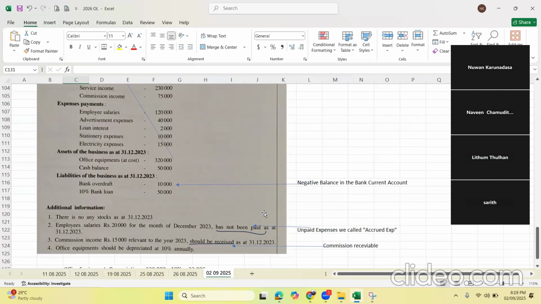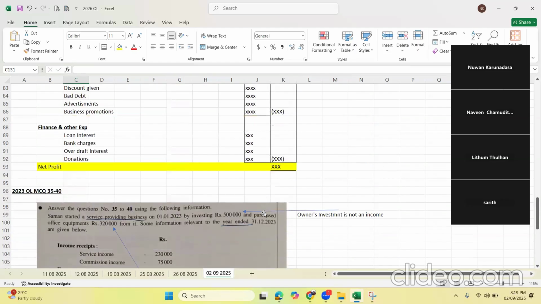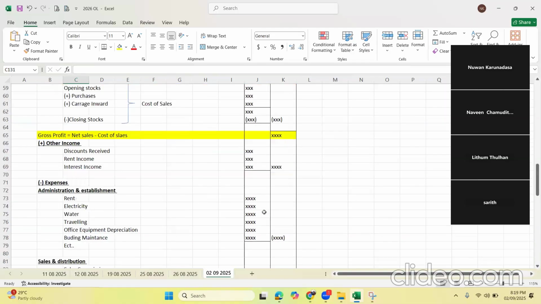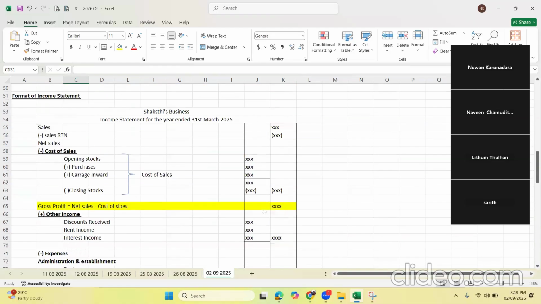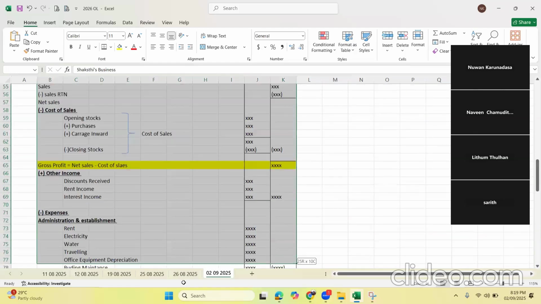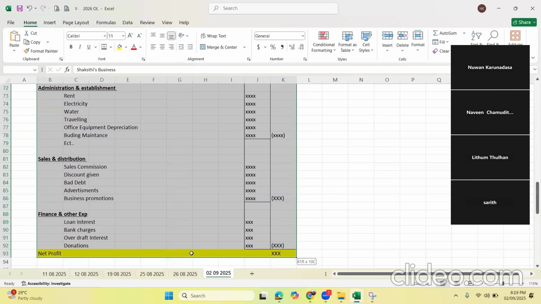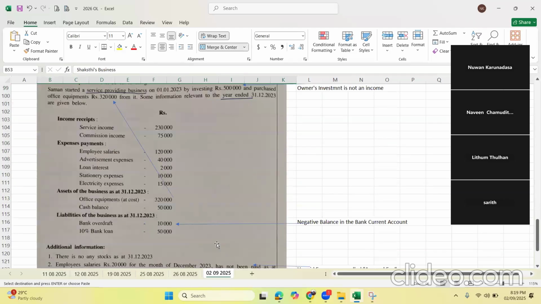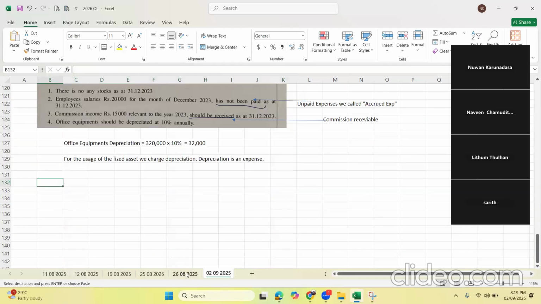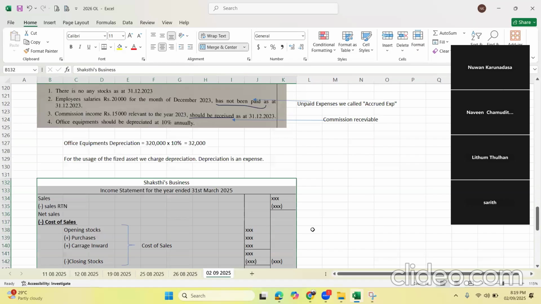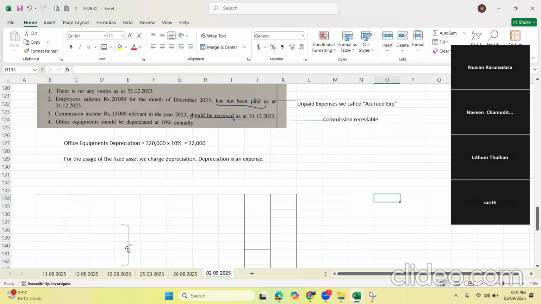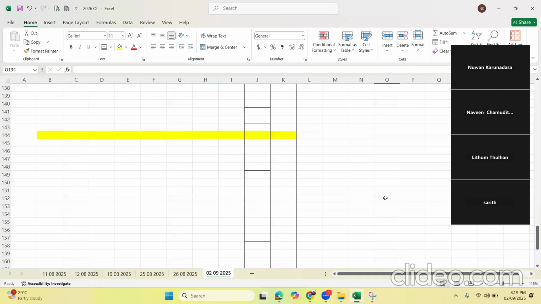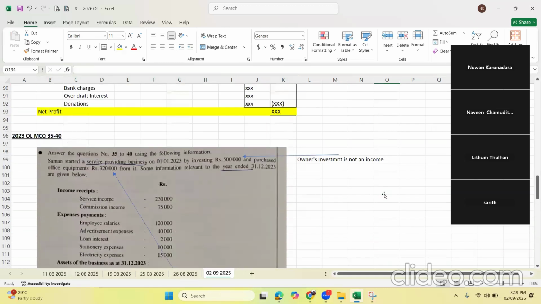So here we can prepare the income statement. Very important. Using this information, we can prepare the income statement. I'll copy the same format down, and we'll clear it. What is the name of the business?